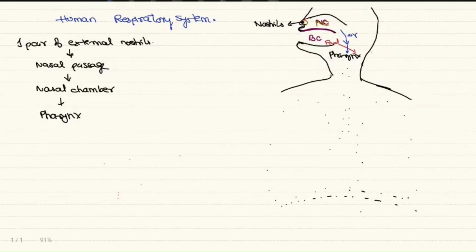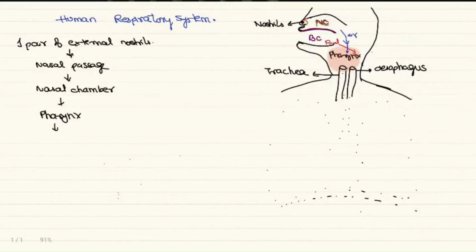So as you see, this is a common passage for both food and the air. Now this food passes through the food pipe called the esophagus, present on the dorsal side, and the air passes into the windpipe called the trachea, and trachea is present on the ventral side.